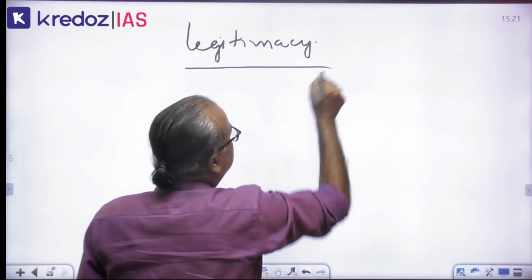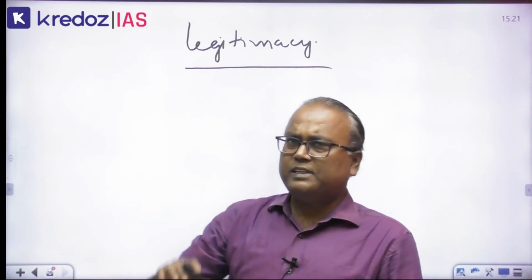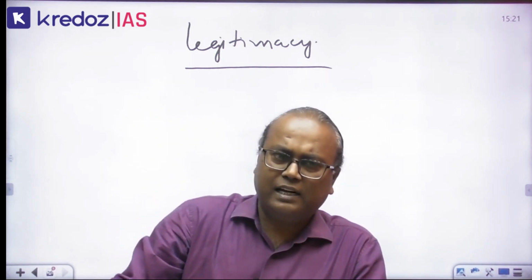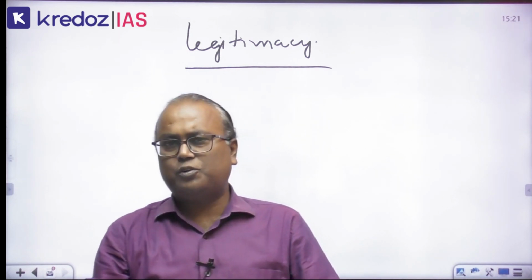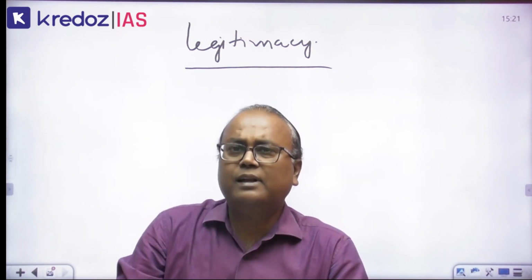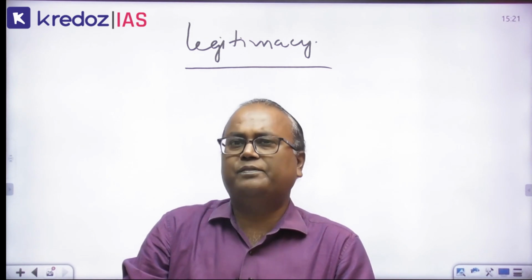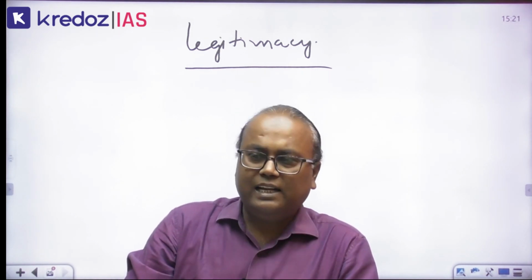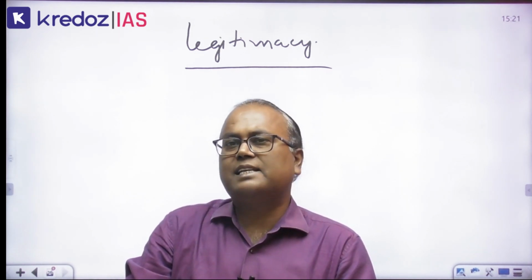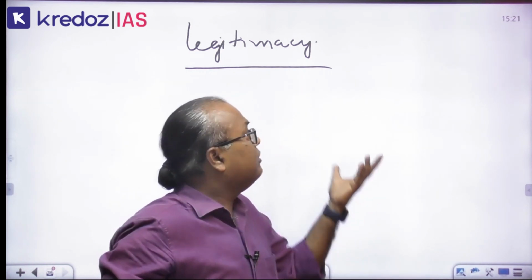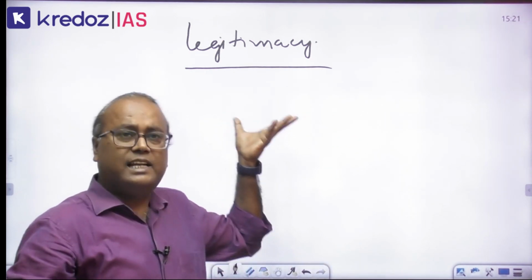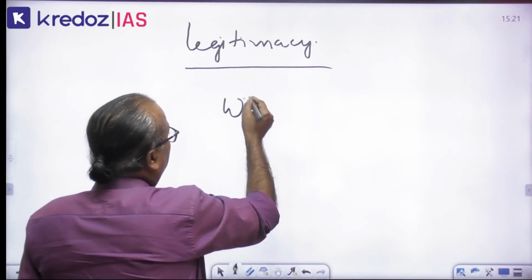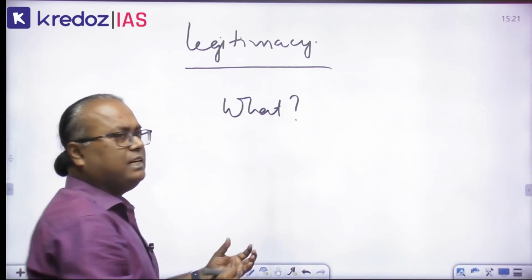Everything which is legal is not going to be legitimate, because until and unless legal things are accepted by people in general or citizens of that particular state, that legal thing is not going to be called legitimate. So what you have to understand here is legitimacy. What is legitimacy?